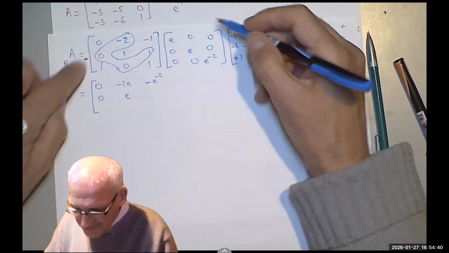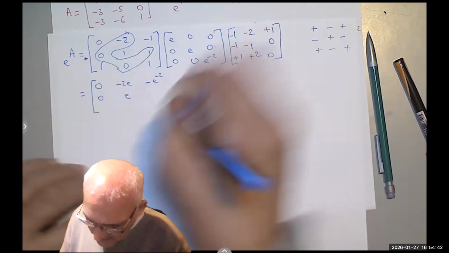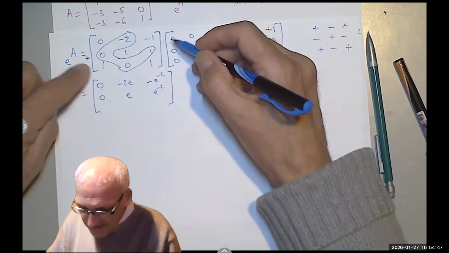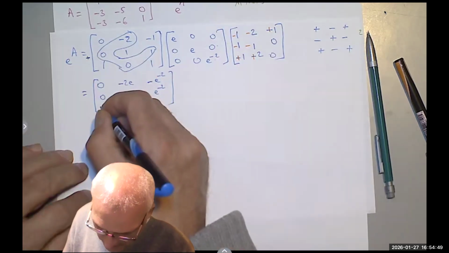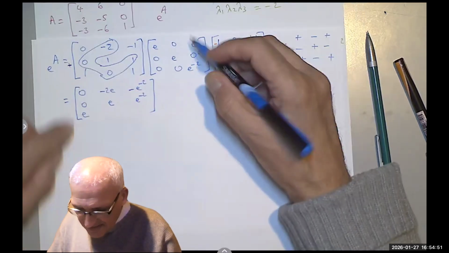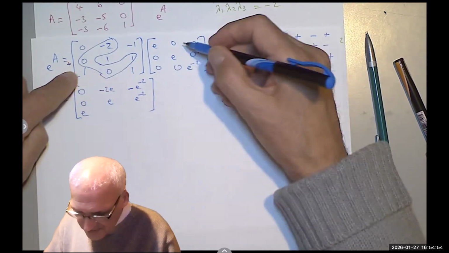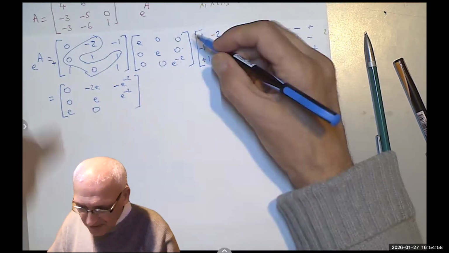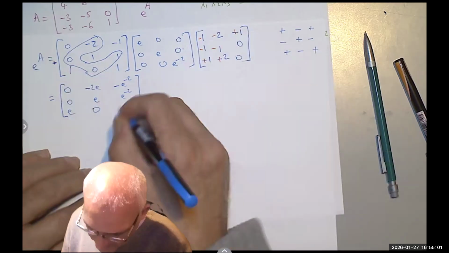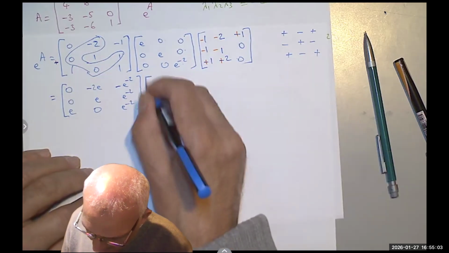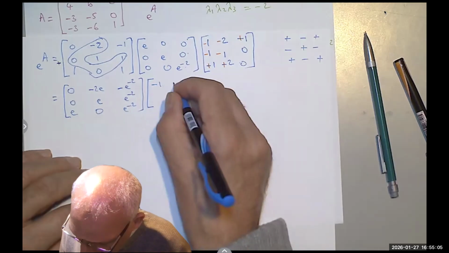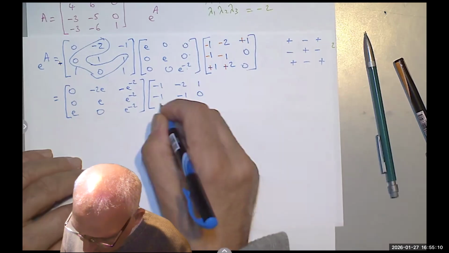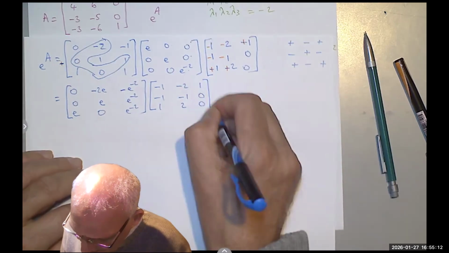Second row, third column, 0, 0, e to the -2. Third row, e, 0, 0, e. Third row, second column, 0, 0, 0. Third row, third column, 0, 0, e to the -2. And this would be multiplied by -1, -2, 1, -1, -1, 0, 1, 2, 0.